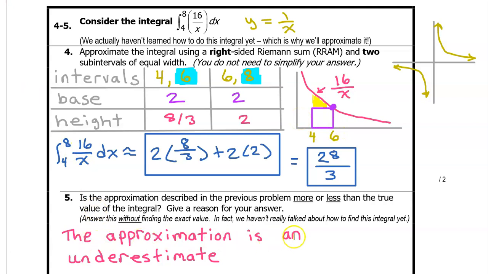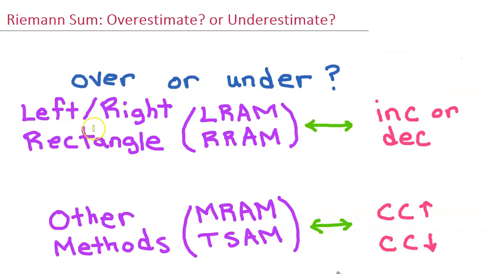So we know the approximation is an underestimate, but we have to be very specific when we give a justification for this answer. I want you to memorize this chart and use it to justify whether your Riemann sum is an overestimate or an underestimate. A left or right rectangle Riemann sum will give you an overestimate or an underestimate depending on whether the function is increasing or decreasing.